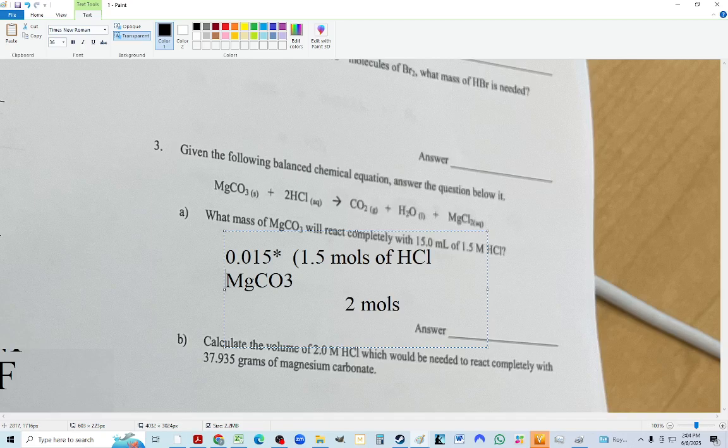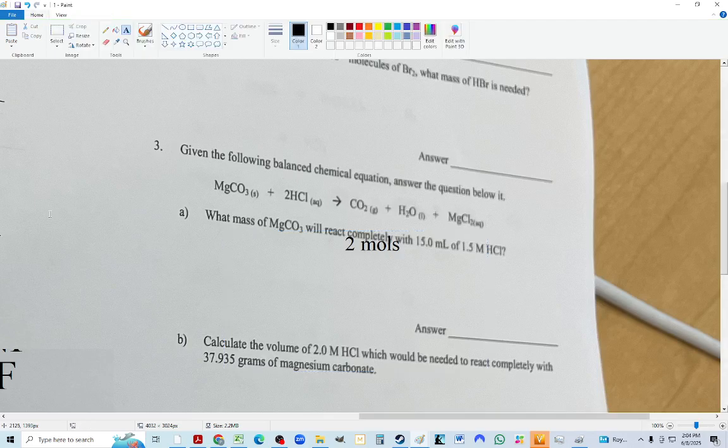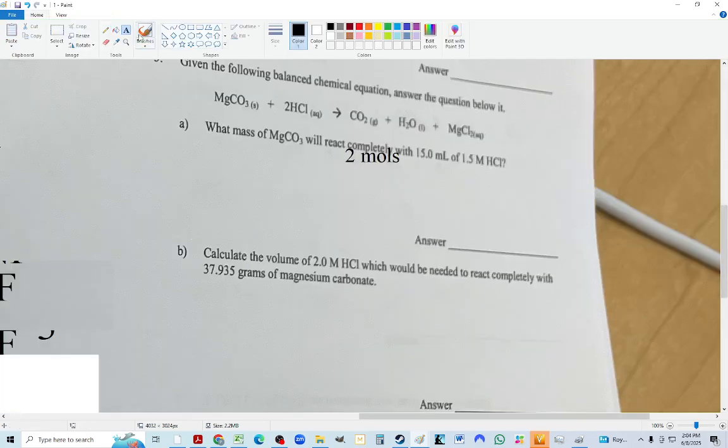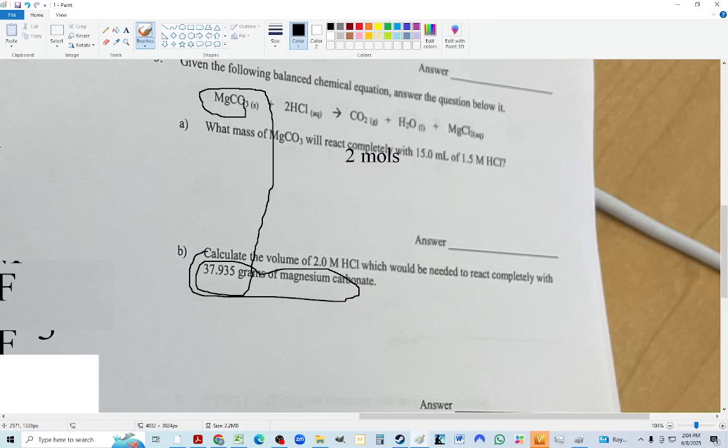So now you have your moles of MgCO3, but you want mass, so you have to multiply by the molecular mass, and that'll give you the mass. Then they want volume, and you've got grams. So you have to convert these grams to moles by dividing by the molecular mass. That's the magnesium carbonate there. Then you realize that there's a 1 to 2 ratio, so you get 2 times as much of this for every one of that. So you multiply it by 2.